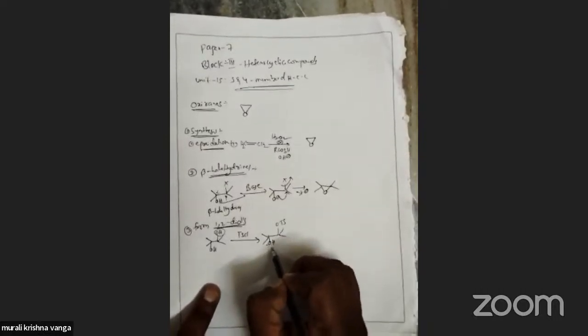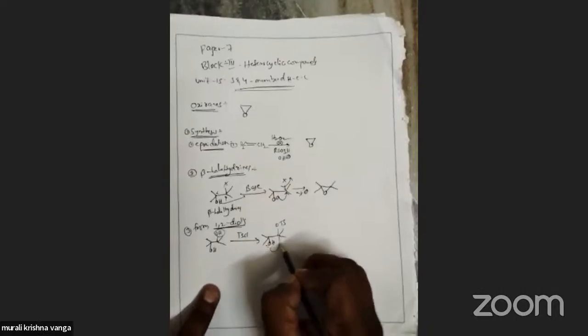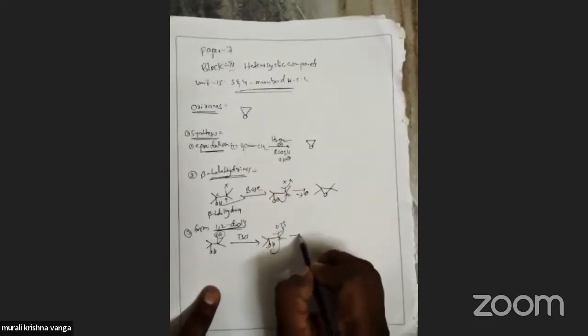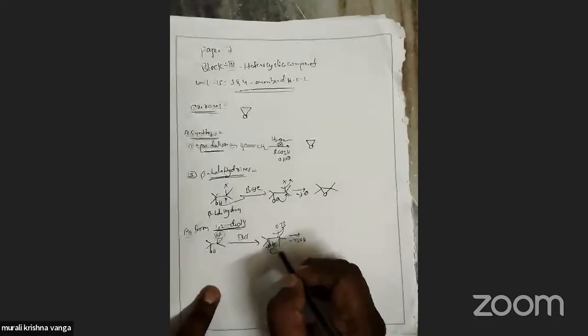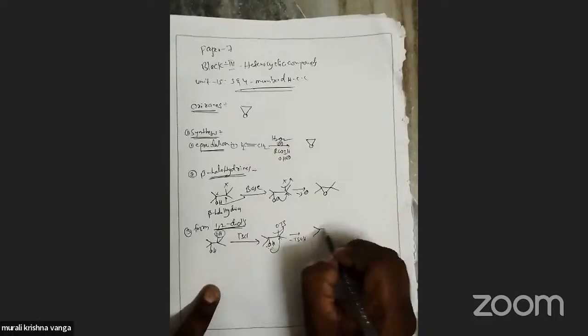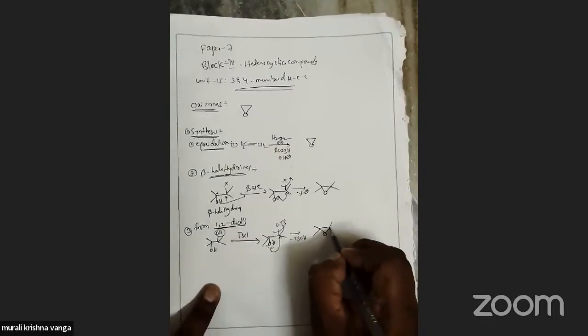Tosyl group is a very good leaving group. Therefore, the oxygen lone pair of electrons on the other hydroxy group attacks the tosyl-attached carbon. Then the epoxide is formed. So these are three methods for synthesis of epoxides.